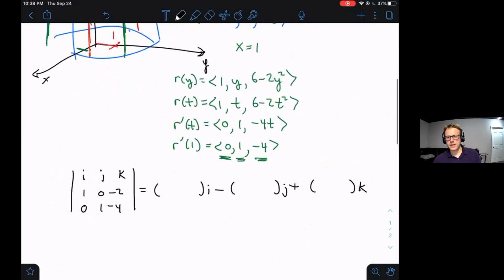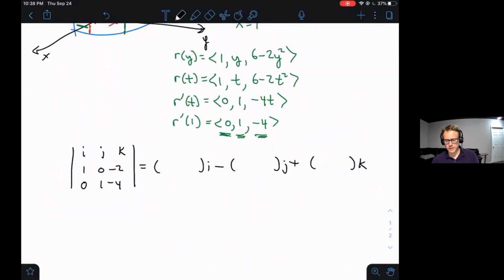I always set this up so that I don't forget, especially that minus sign in the middle. I tend to forget that. So let's cross off this first column and first row, and I'm going to get 0 minus negative 2, so plus 2. Let's cross off this first row and second column. I'm going to have negative 4 minus 0.